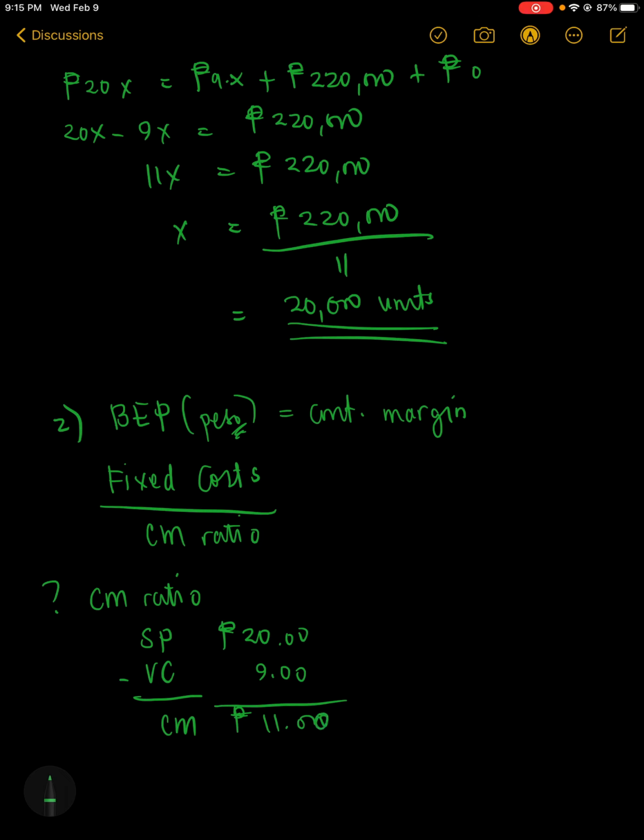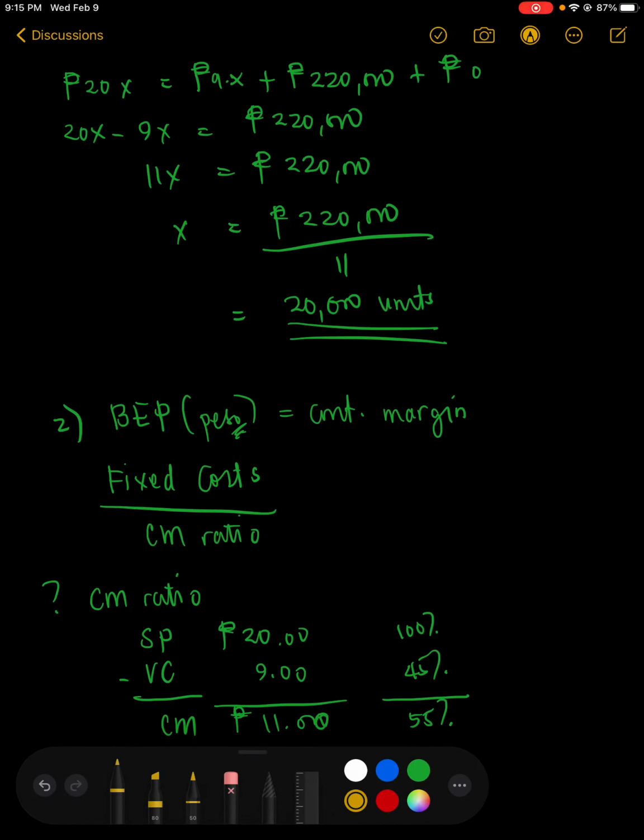And when we compute it in terms of percentage or ratio, 20 is 100%. If you do your math, 9 is 45% and 11 is 55%. So, therefore, our contribution margin ratio is 55%.